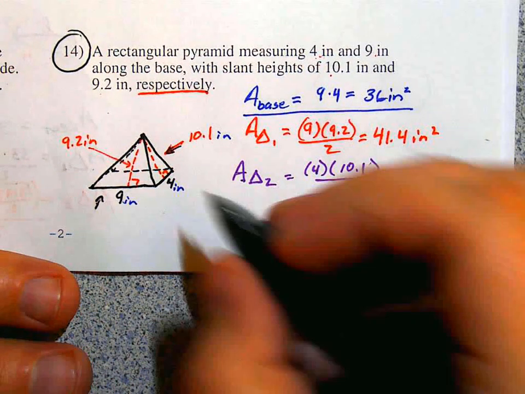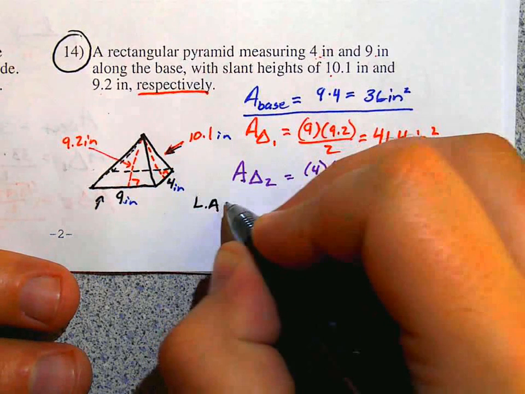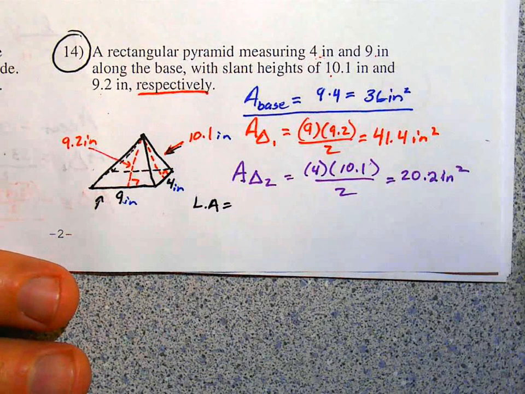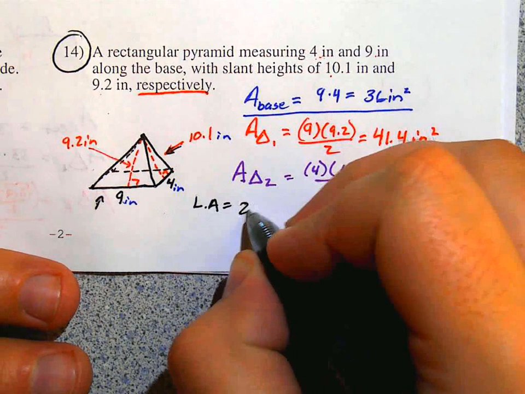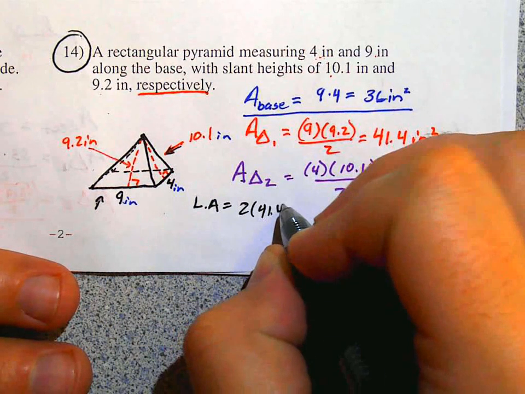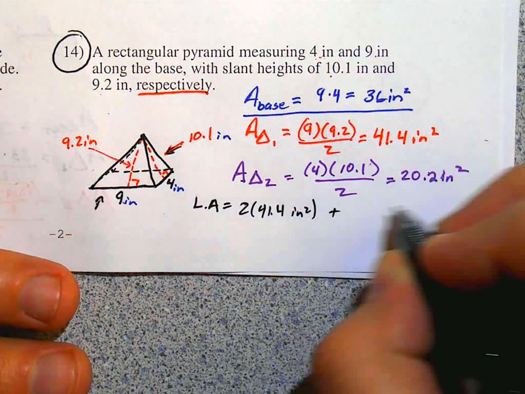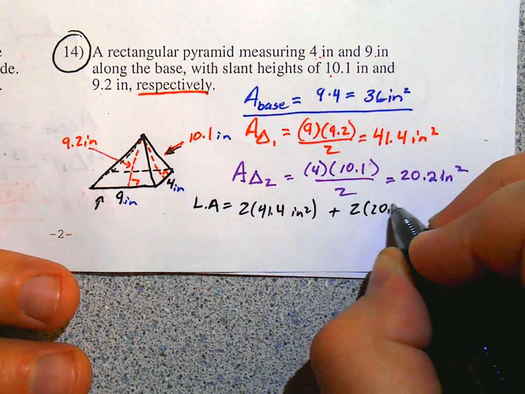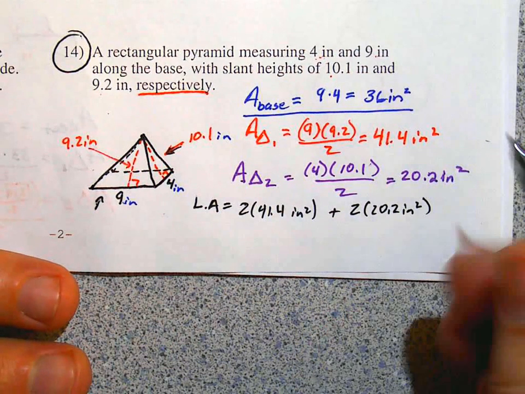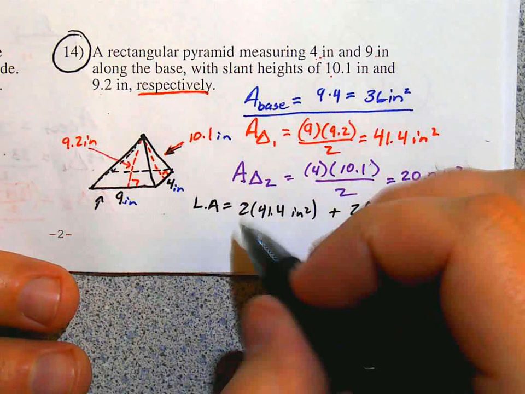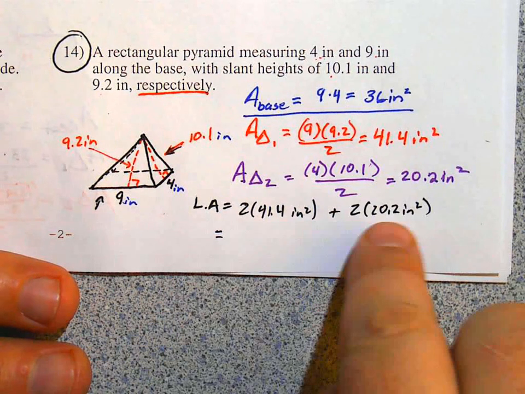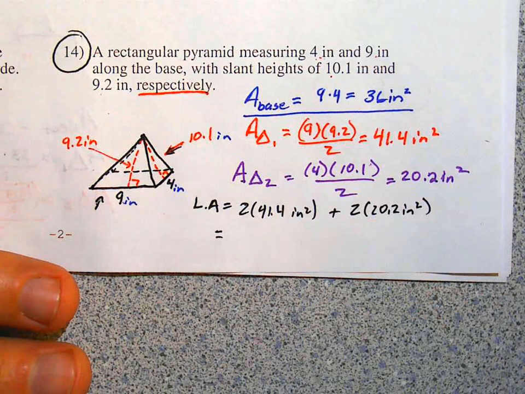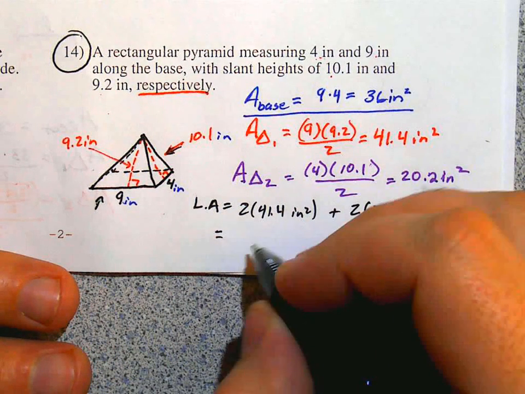So the area of triangle 1 and the area of triangle 2, got to remember that there's 2 of each of those. There's a big triangle in the front, there's a big triangle in the back. There's a little triangle on the right and a little triangle on the left. So when I want to do the lateral area, then I got to add those together, and I got to say, hey, look, I've got two 41.4s, 2 times 41.4 inches squared, plus two 20.2 inches squared ones.